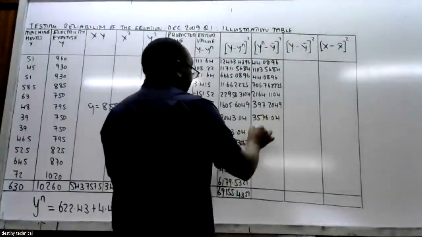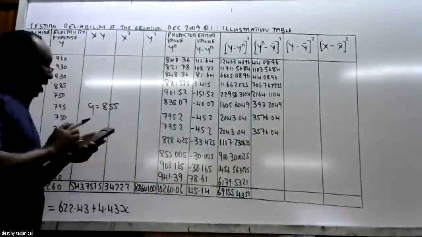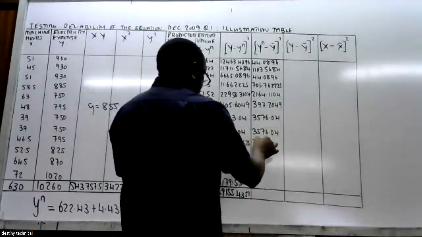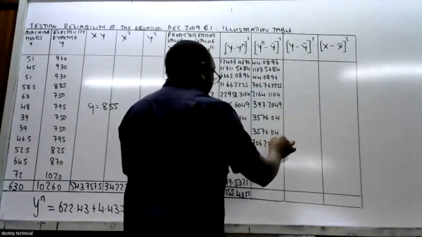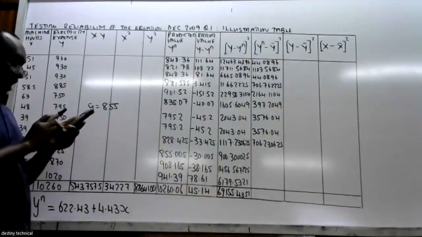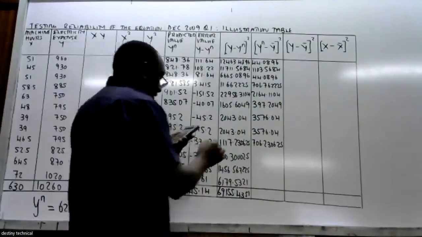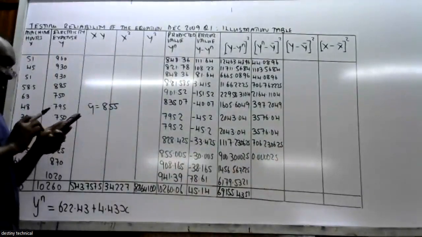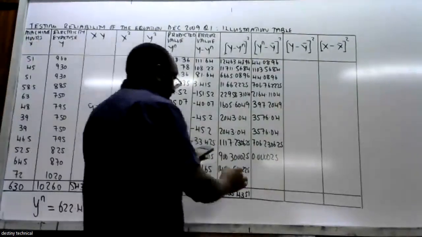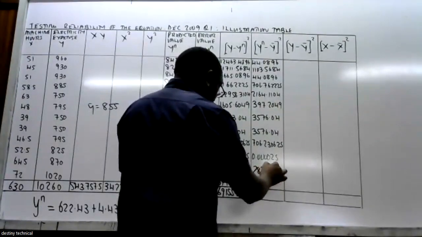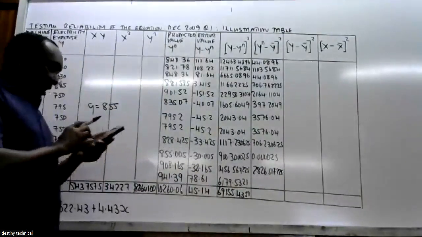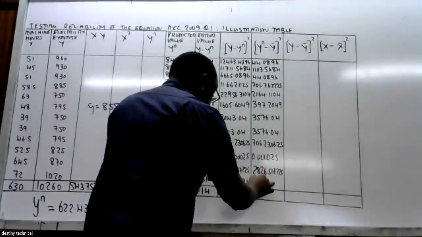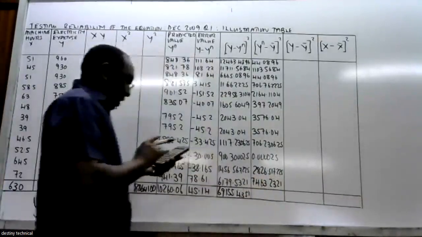The same thing, 3576.04. 828.425 minus 855 squared, 706.230625. 855.005 minus 855, square that and get 0.000025. 908.165 minus 855, square that, get 2826.517225. 941.39 minus 855, square that is 7463.2321.